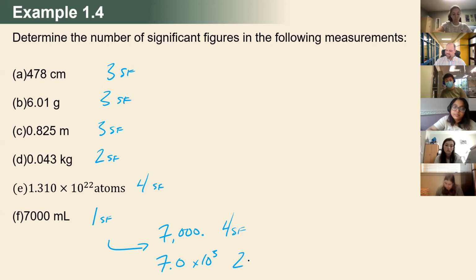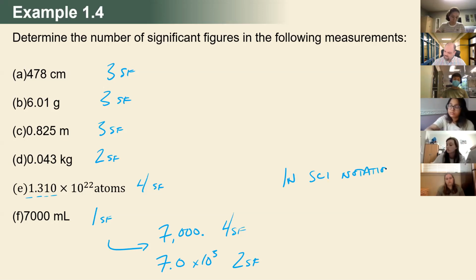If we do that, then we have 2 sig figs. The reason scientific notation is nice for significant figures is that, by the way it's formatted, every digit you see is significant by definition. So if you see 4 digits, it has 4 sig figs. If you see 2 digits, it has 2 sig figs. I'll make that note over here: in scientific notation, all digits are significant.